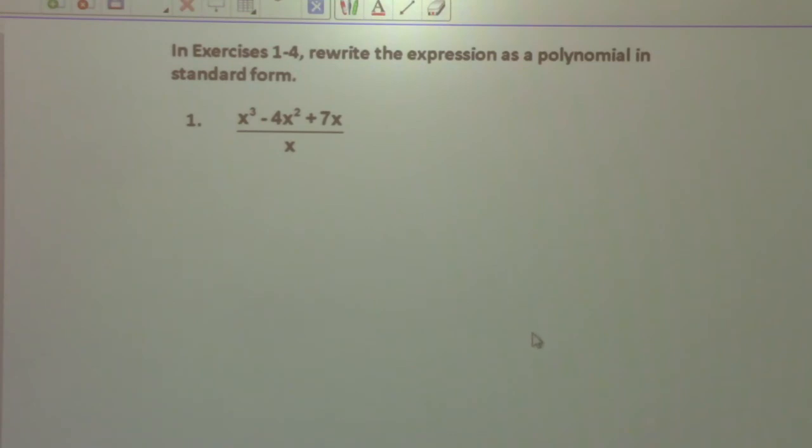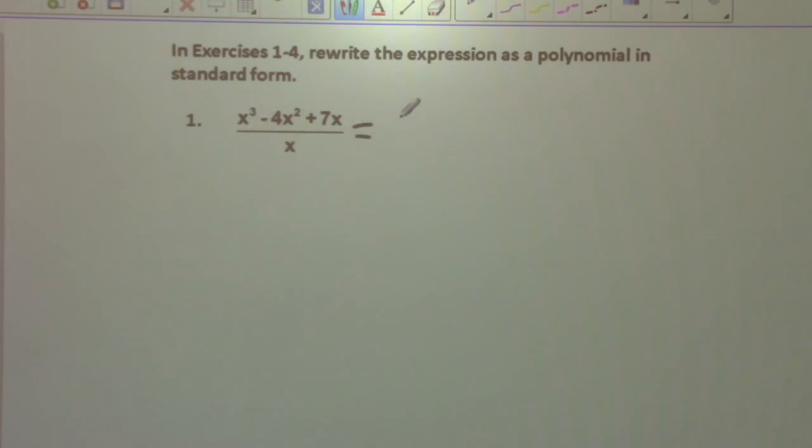Okay, we have rewrite the expression as a polynomial in standard form. What we have here is x cubed minus 4x squared plus 7x divided by x. And so x is a divisor to each one of these separate terms.